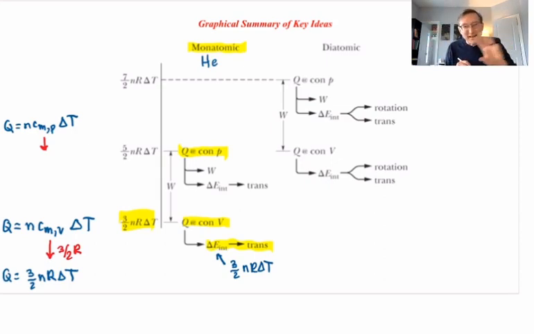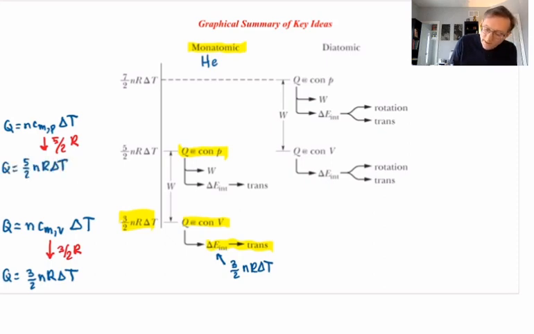All that a monatomic atom can do is translate. F is 3. 3 halves plus 1 is 5 halves. So the CmP is 5 halves times R. So the Q formula is 5 halves nR delta T, which is this higher number.